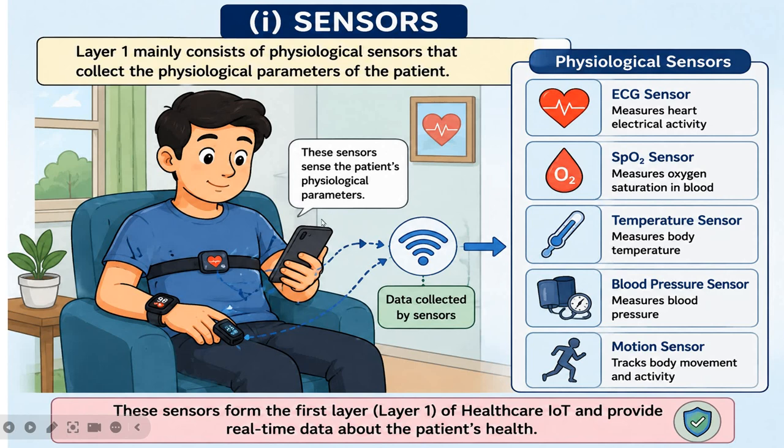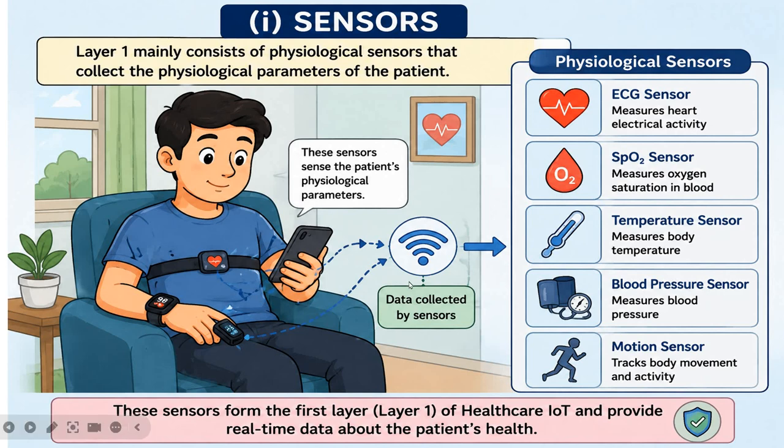So here you can see a patient wearing different healthcare monitoring devices, including a chest sensor, a smartwatch, and a portable health monitor. These devices will continuously measure various health parameters and send the collected data to the connected healthcare systems through the internet.